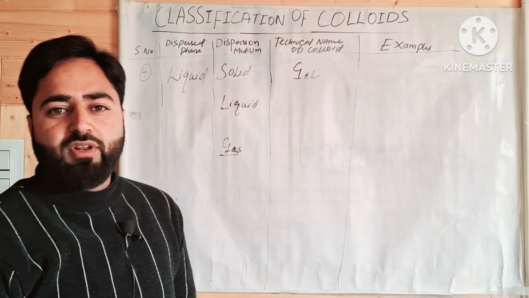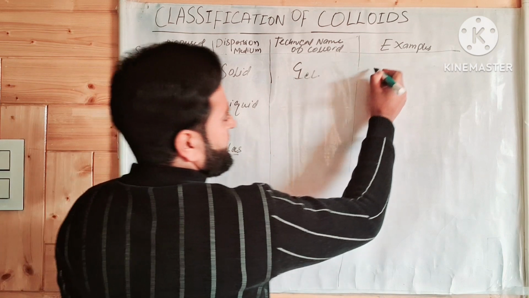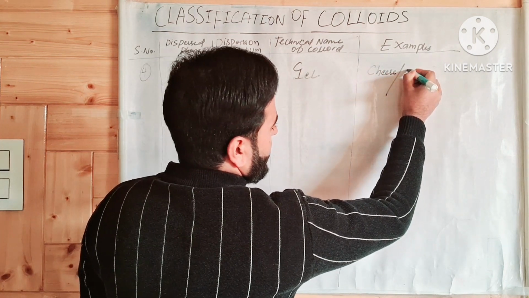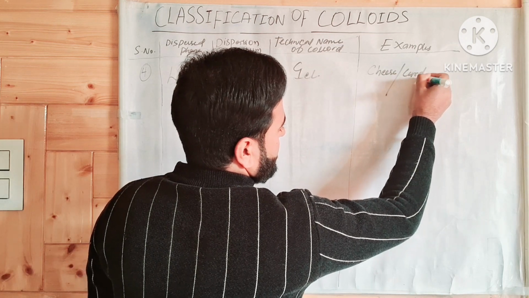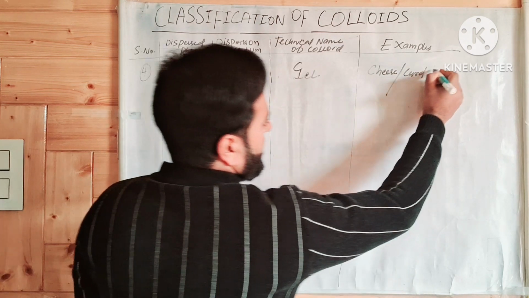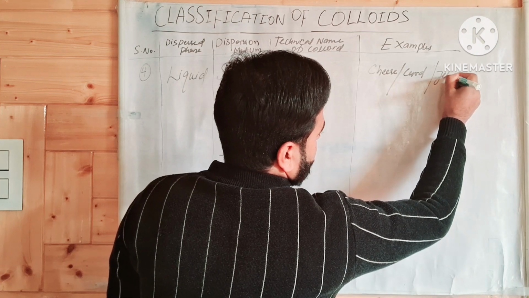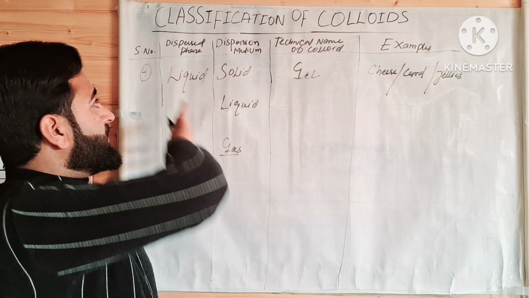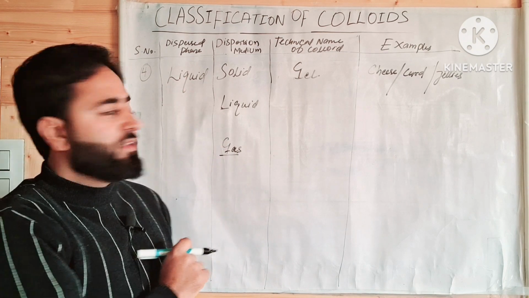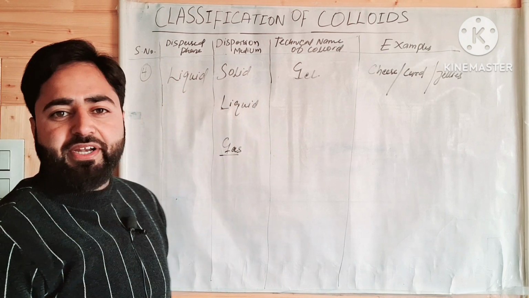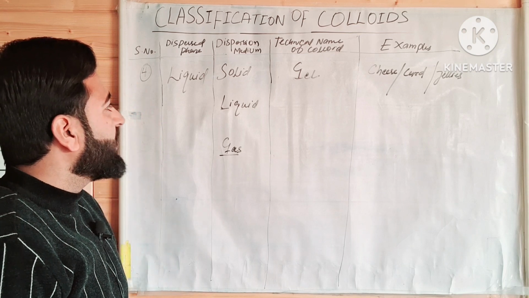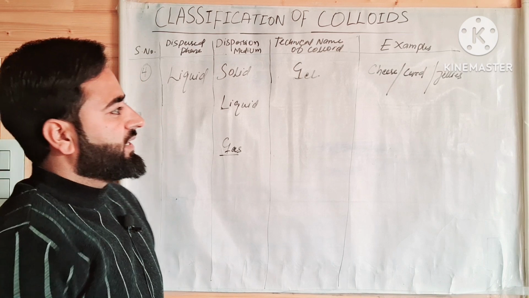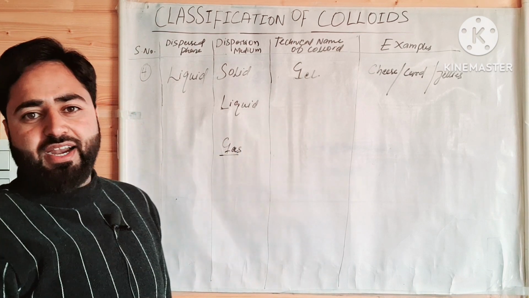The examples are cheese, curd, or jellies. So we dissolve liquid in solid, and the technical name of the colloid is gel.